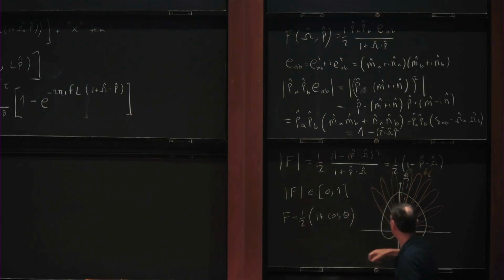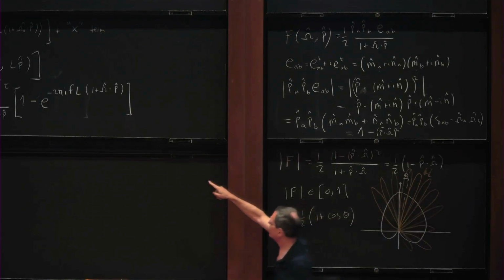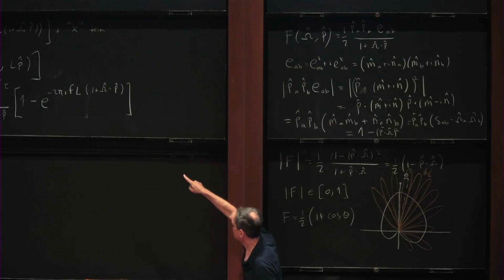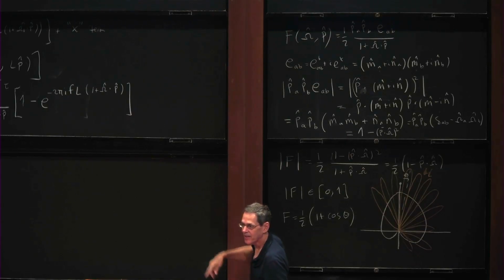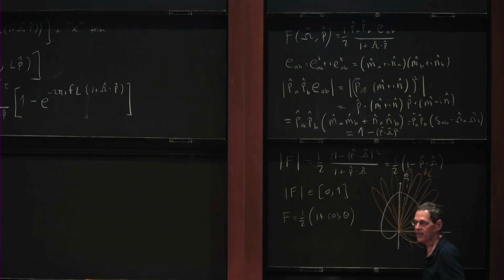So that's the reason why the orange curve goes to 0 there. And then I vary a very small angle theta away, and then that interference term, FL times 1 plus omega hat dot p hat, suddenly becomes I times pi. And then I get constructive instead of destructive interference. Is it clear?